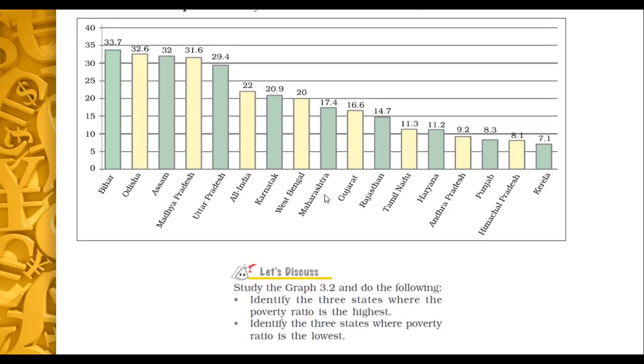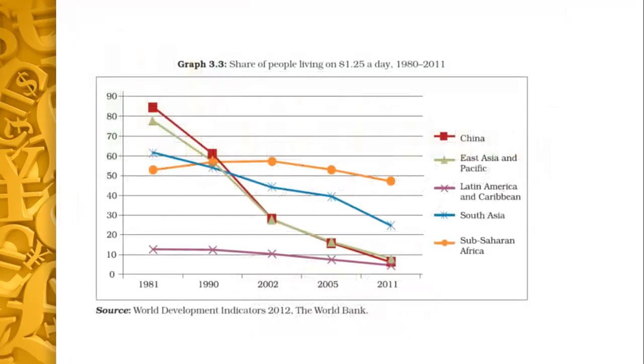The Millennium Development Goals of the United Nations call for reducing the proportion of people living on less than $1 a day to half the 1990 level by 2015.